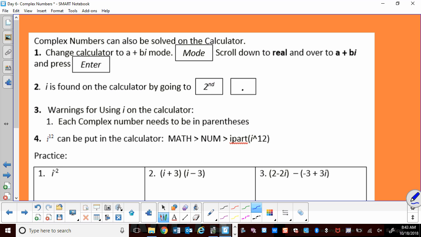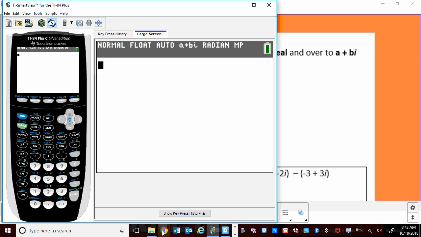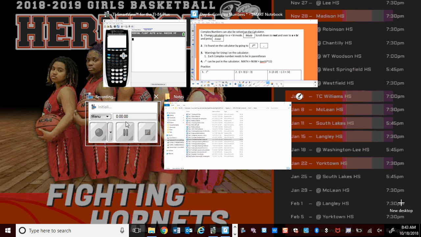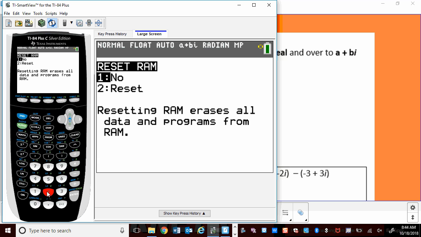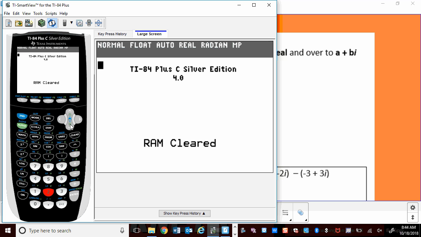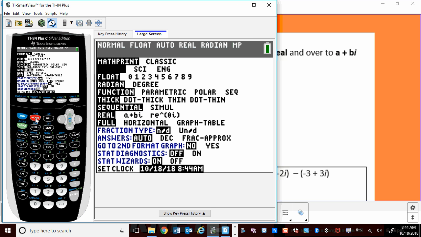So, complex numbers can be solved on the calculator, but we first have to get into the right mode. In your calculator, hit mode, go down to where it says real, slide over to where it says A plus BI, and hit enter.